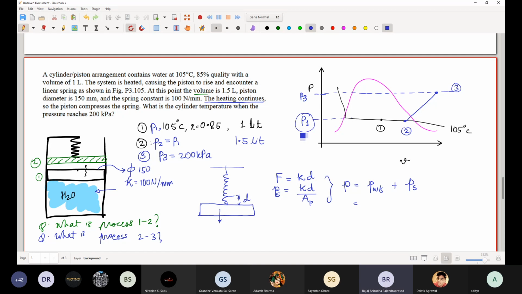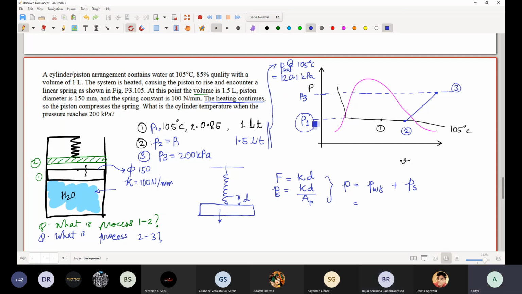Someone has figured out the saturation pressure at 105 degrees Celsius is 120.1 kilopascal.